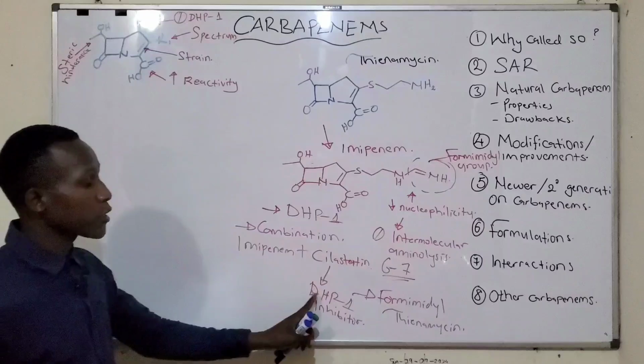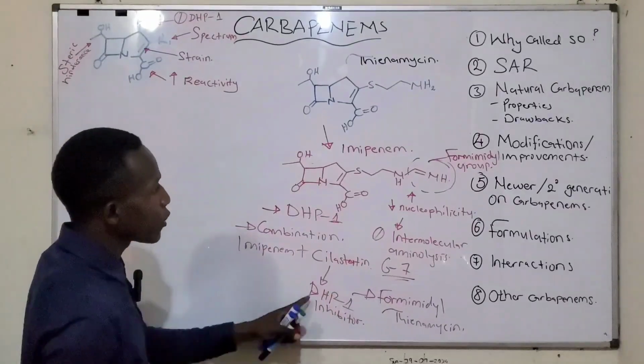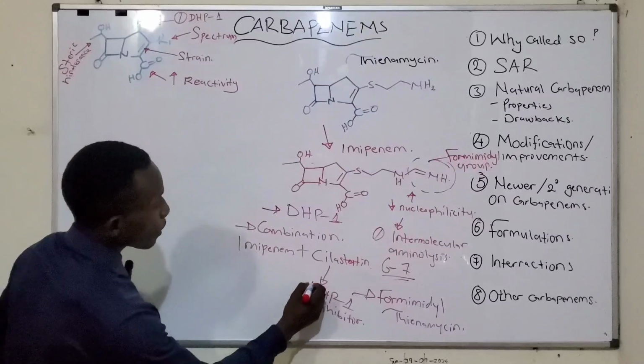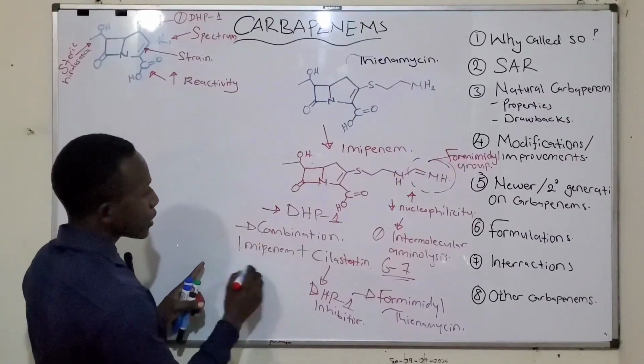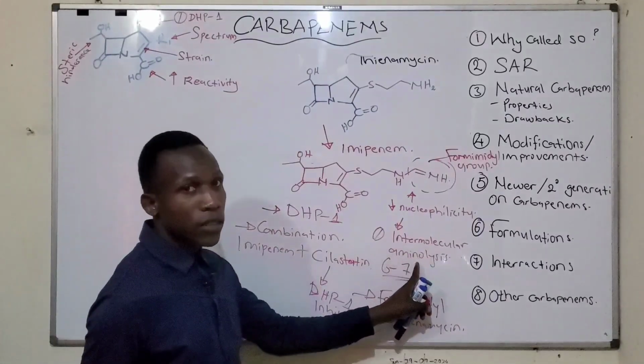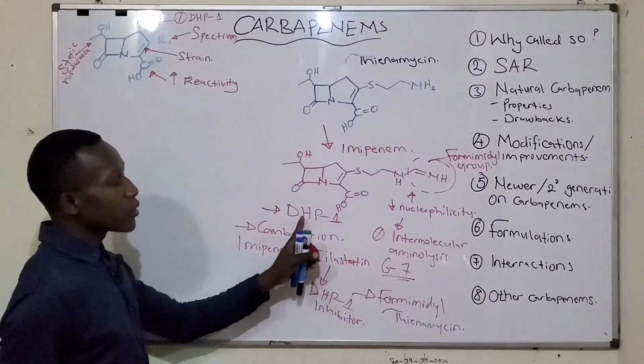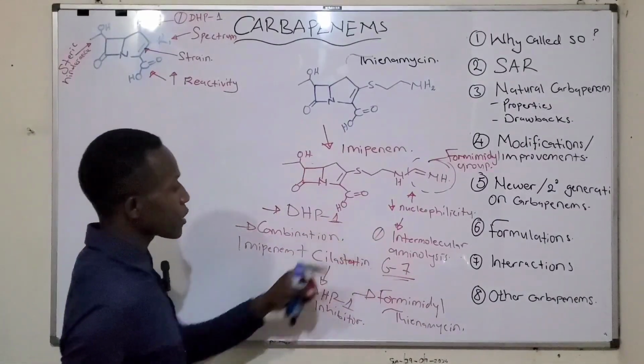It inhibits the DHP-1 enzyme, or the dehydropeptidase 1 enzyme. So if the combination is administered, there is no intermolecular aminolysis at 6 to 7 and there is no degradation by the DHP-1 enzyme.